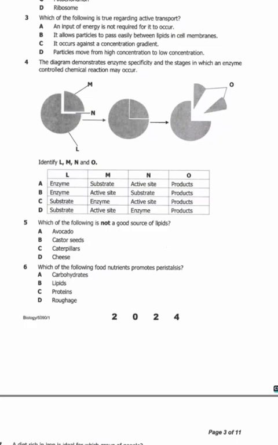They can also ask you to give the type of metabolism taking place here. Is it anabolism or catabolism? Since initially we have M, then what is produced here is two pieces of O, this one is called catabolism. So you need to be familiar with that.